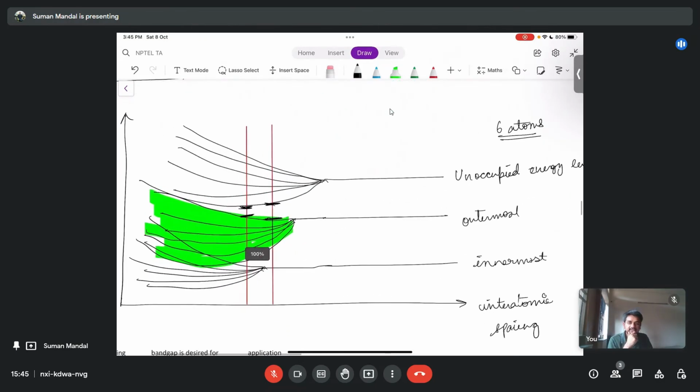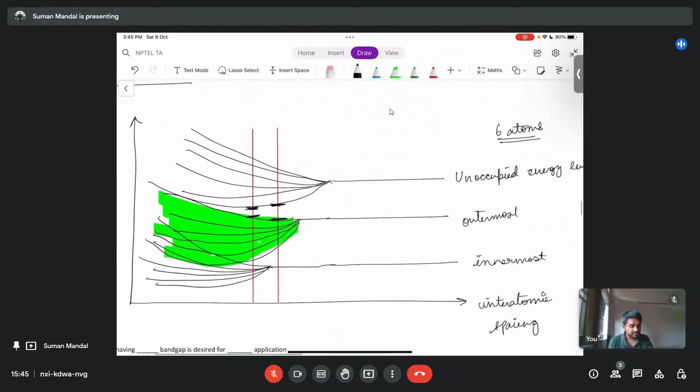You can see here from this diagram, as the pressure is increased, the interatomic spacing decreases, and the band gap decreases.